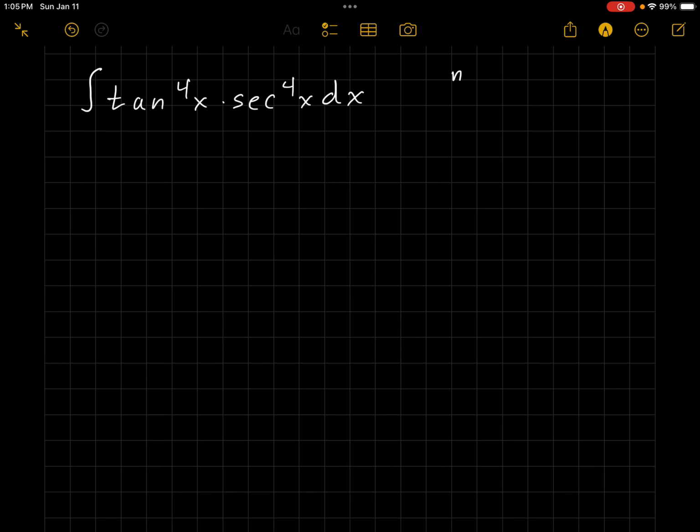But if the powers are both even, I think let u equal tan x. In this case, du would be secant squared x dx.